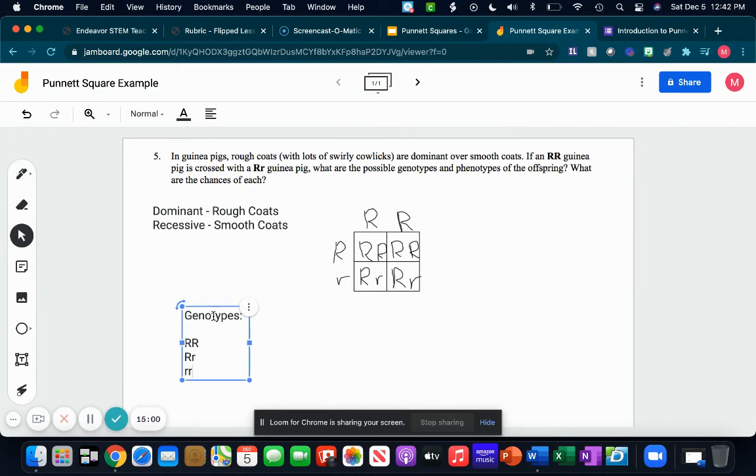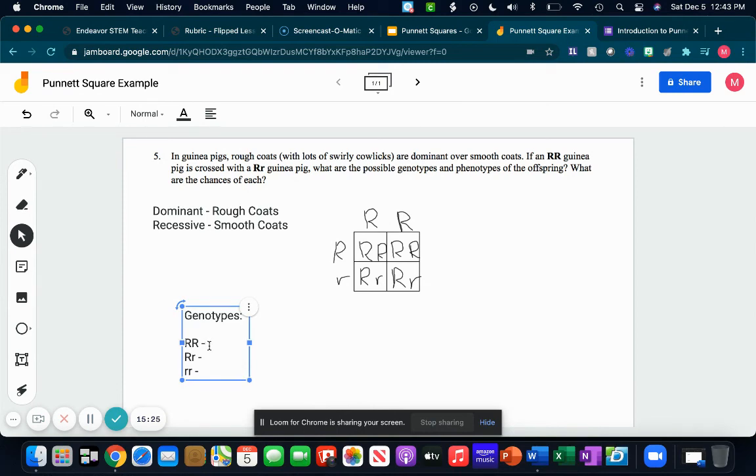It might be helpful just for you to write them all out, okay? Even if it's going to be 0%, it's helpful to do it this way. So you have 2 capital letters, 1 capital, 1 lowercase, and then 2 lowercase. So I would always start off the genotypes like this.